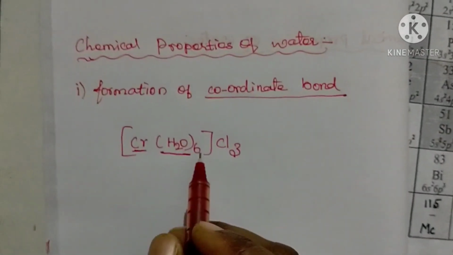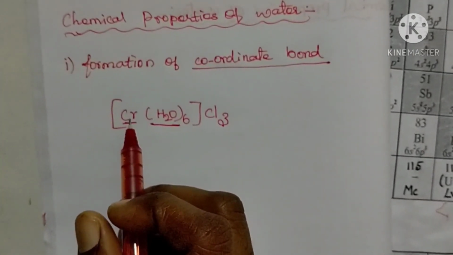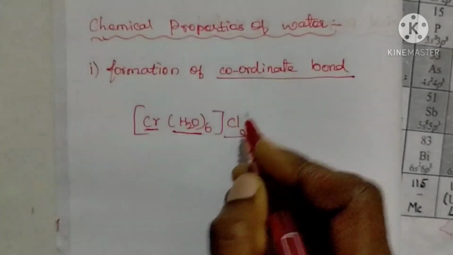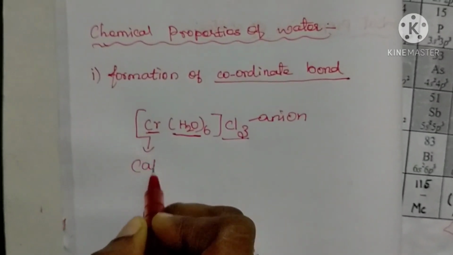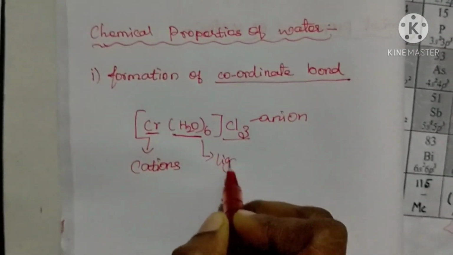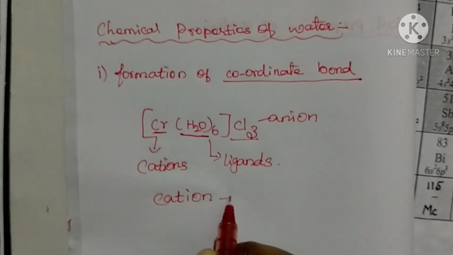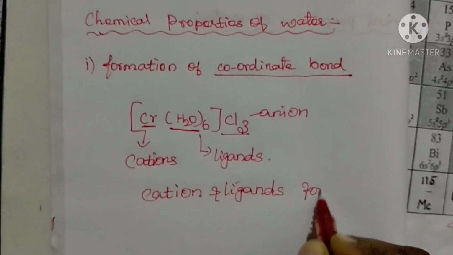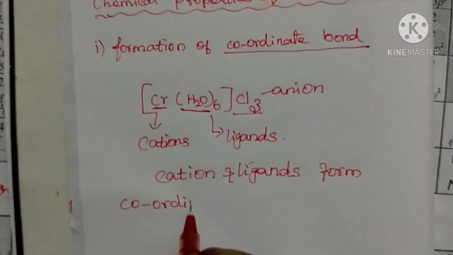So all the water molecules, the 6 water molecules present in this example, form coordinate bonds between chromium and water. So chlorine is the anion, chromium is the cation, H2O are the ligands, and cation and ligand form a coordinate bond.